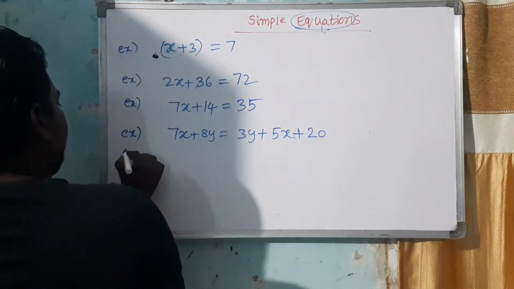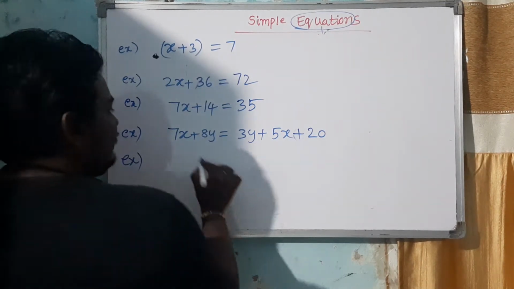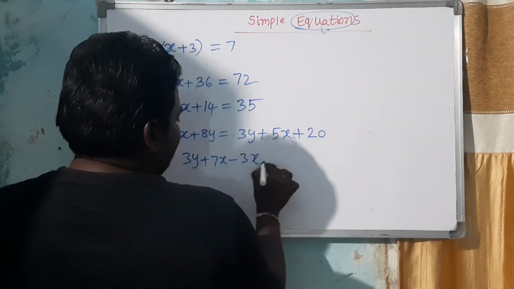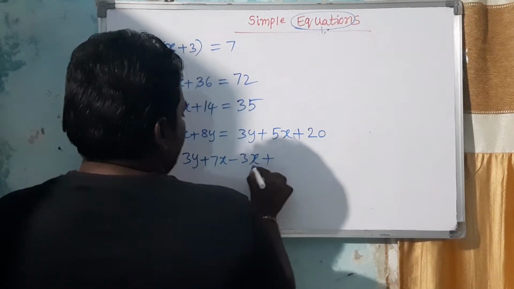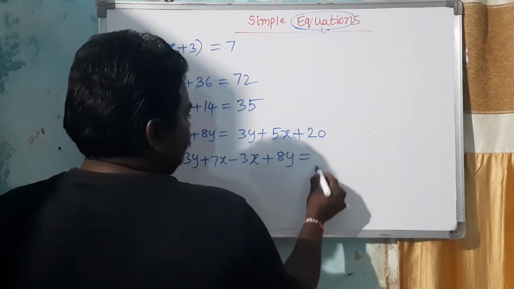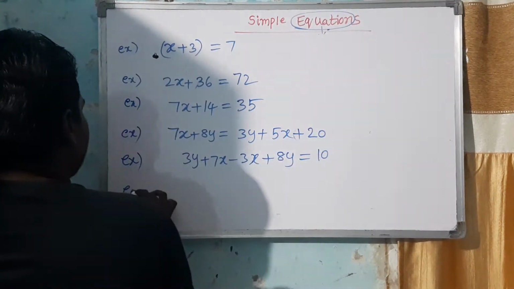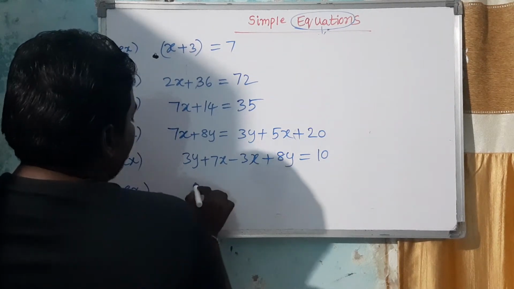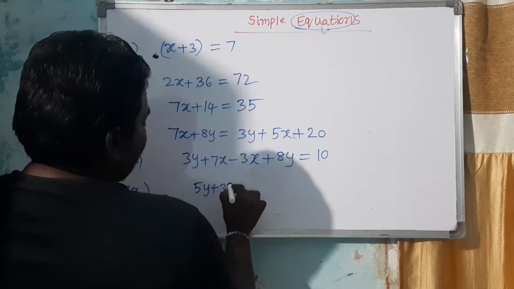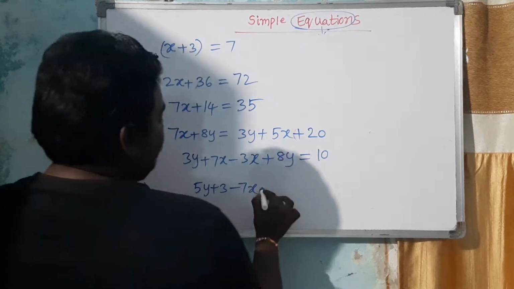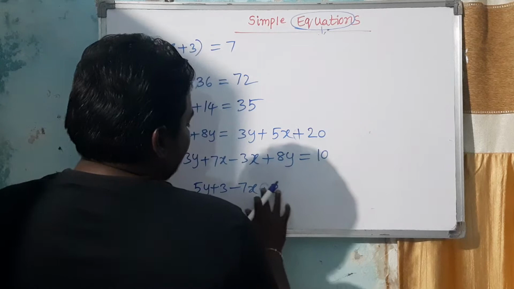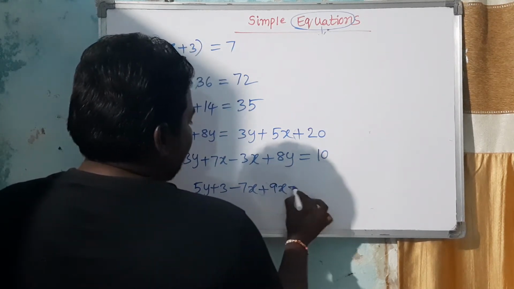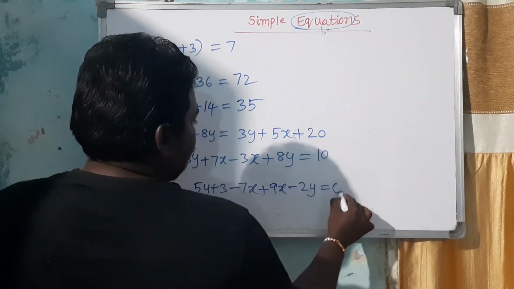Next, 3y plus 7x minus 3x plus 8y equal to 10. Next, another example: 5y plus 3 minus 7x plus 2x plus 9x minus 2y equal to 0.